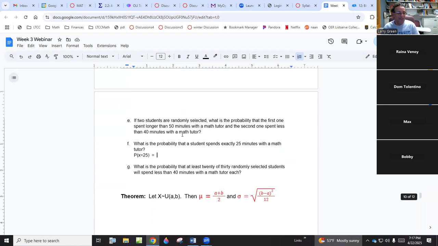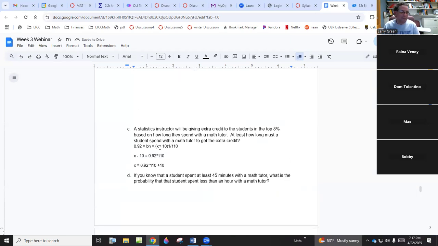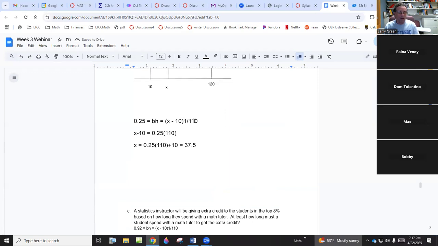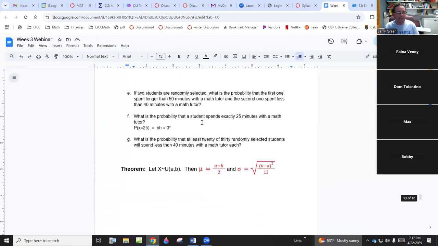So now that'll be the base times the height. The base is 0. The height was 1 over 110. And I'm hoping you don't need a calculator to tell me what 0 times 1 over 110 is.